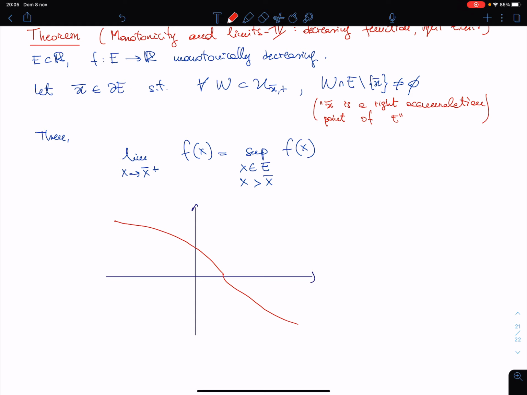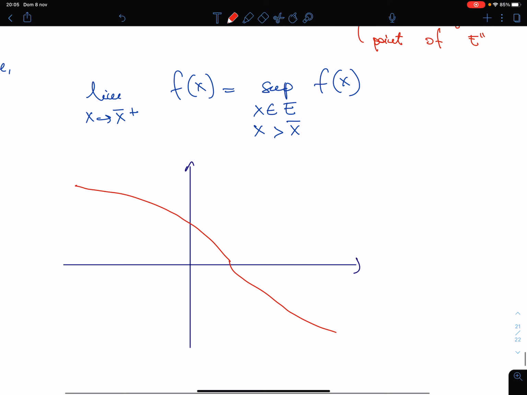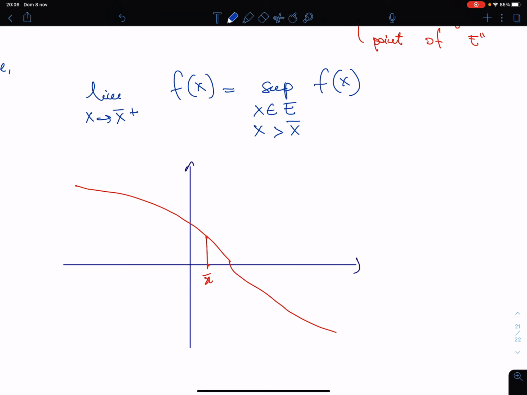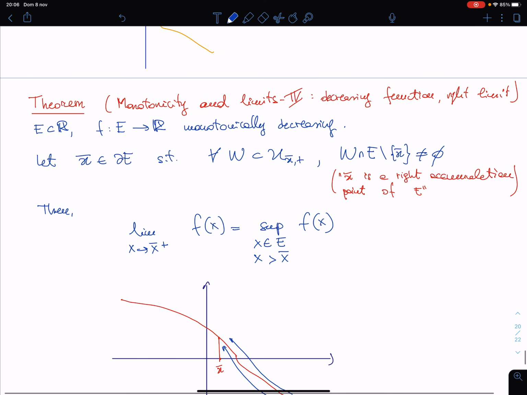Okay, also continuous graphs can play the game very well. So here I have x bar. I want the limit from the right. And again, you have to follow the function from the right this way, and you are climbing up, so towards higher values, so supremum is good.